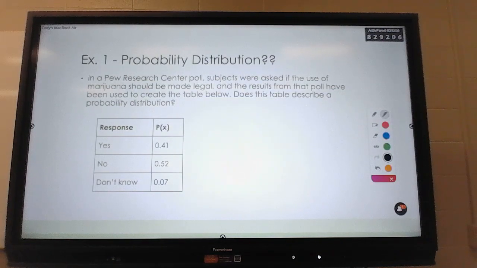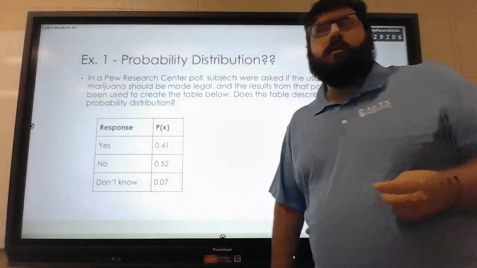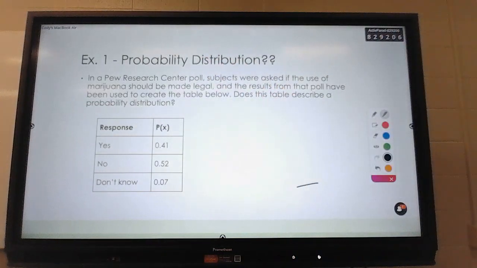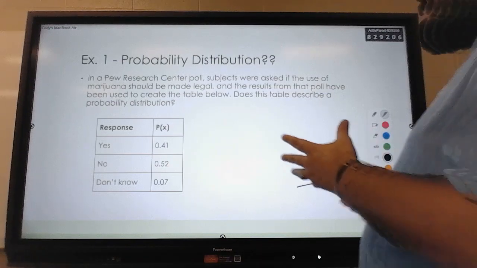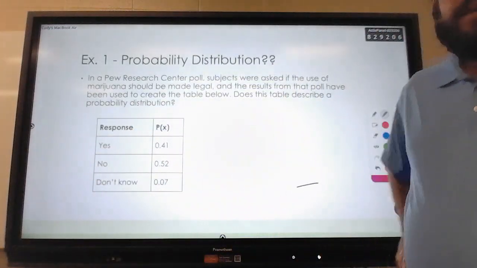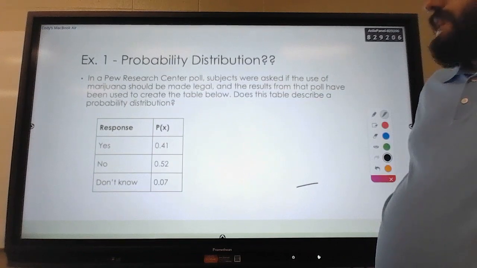Well, what's the variable here? The variable here is the responses in that poll. Now, what are the values that the poll has? Well, you can either say yes or no, or undecided. We're going to assume that those are all the three choices that were available in that poll.